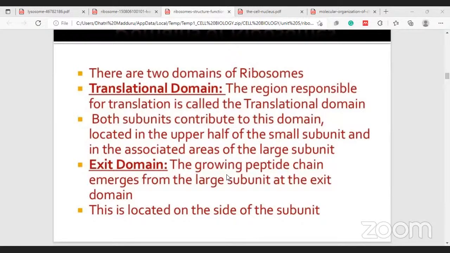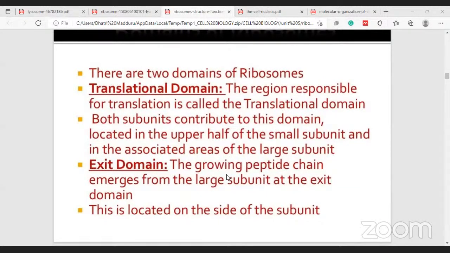So whenever the translation process starts, the larger and smaller subunits will fuse at that point of time, and they will scan this mRNA for the code.